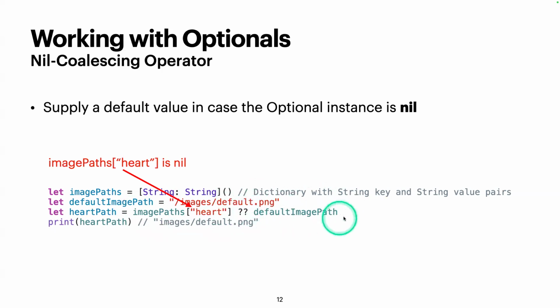This is the default image path, which is not an optional. It's a regular string, and we return this instead. But if image path's heart has some value, we just return this itself. So this allows us to specify a default value if the expression on the left-hand side is an optional. Does it make sense?